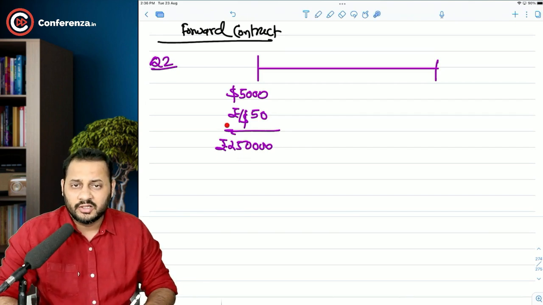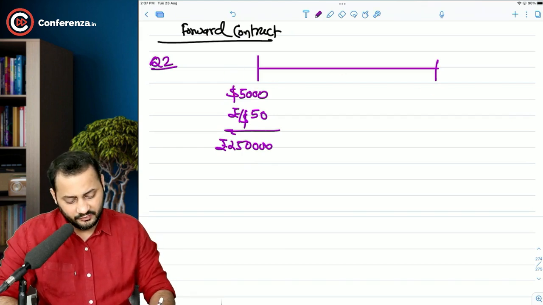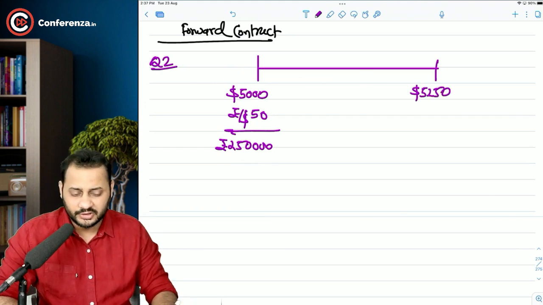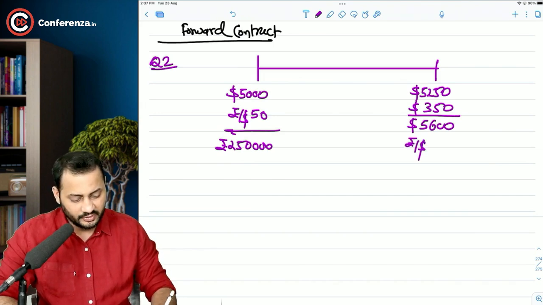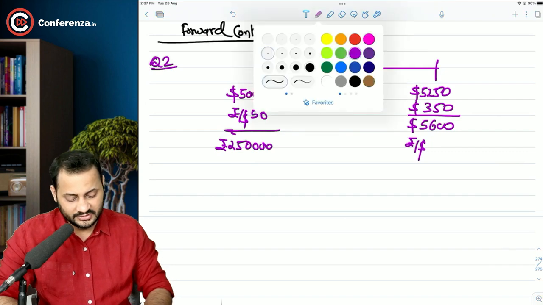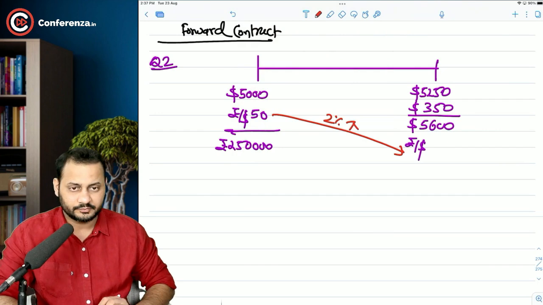So the story is we had 2,50,000 rupees. We converted that into dollars and invested that in America. After a year, we received 5,250, the redemption value, plus interest of 350. So in total, we received $5,600. And by that time, when we tried to convert back, the dollar had appreciated by 2%.